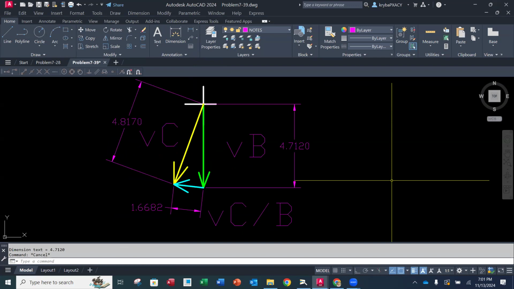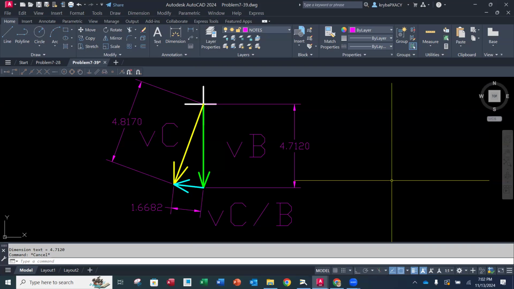So I'm going to write down each one of these velocities, but I'm going to convert it back to the value it's supposed to be. So for instance, VB is 47.12 inches per second. Velocity of C relative to B is 16.68 inches per second.